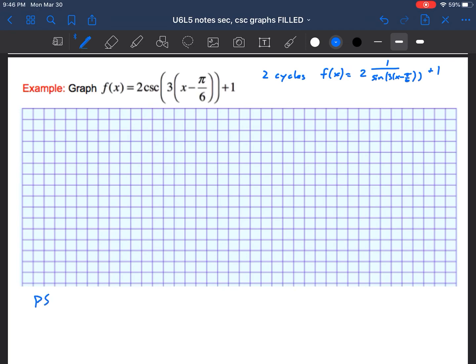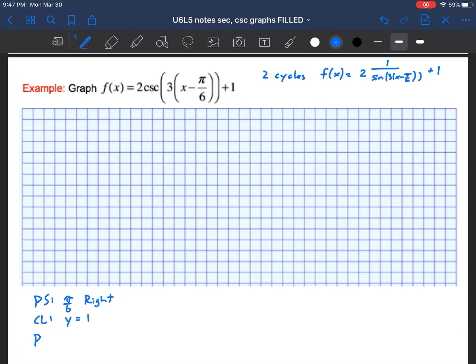The phase shift, in this case, is pi over 6 to the right. The center line of this graph is going to be at y equals 1.